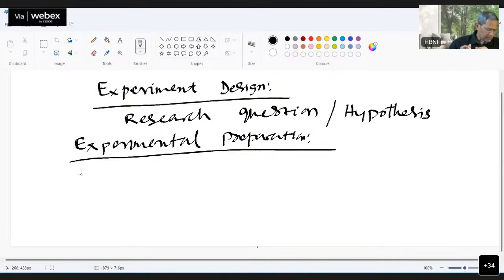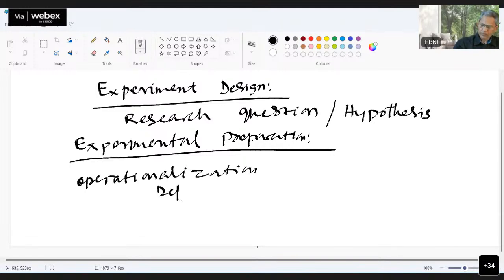Then in the meantime, you have also done your literature review, and you have to do operationalization. You must define your variables before doing the experiment. This is what is called operationalization: define variables.